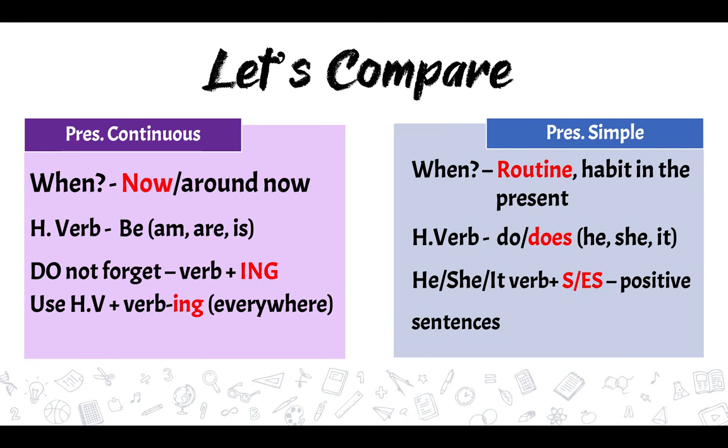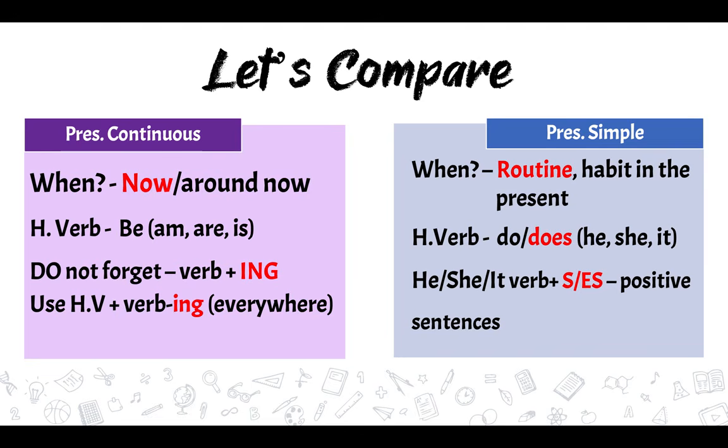What happens with positive sentences in the present simple? The present simple has the characteristic that the third person singular, so he, she, it, takes the s or es at the end of a verb if you're writing a positive sentence.